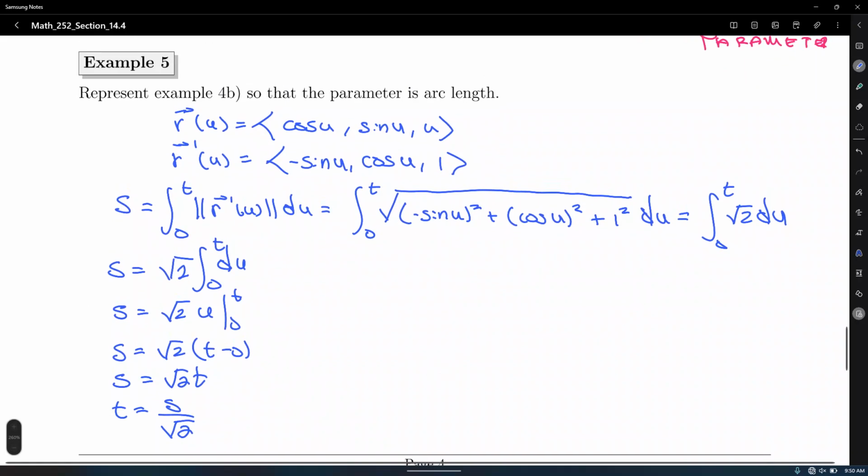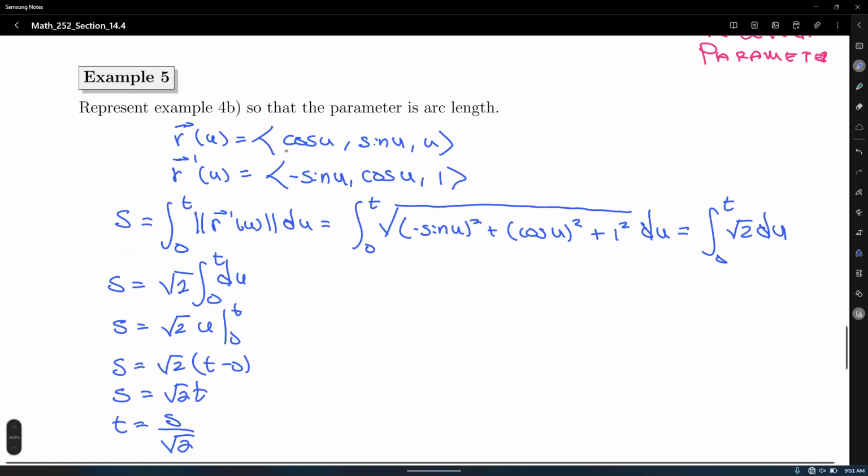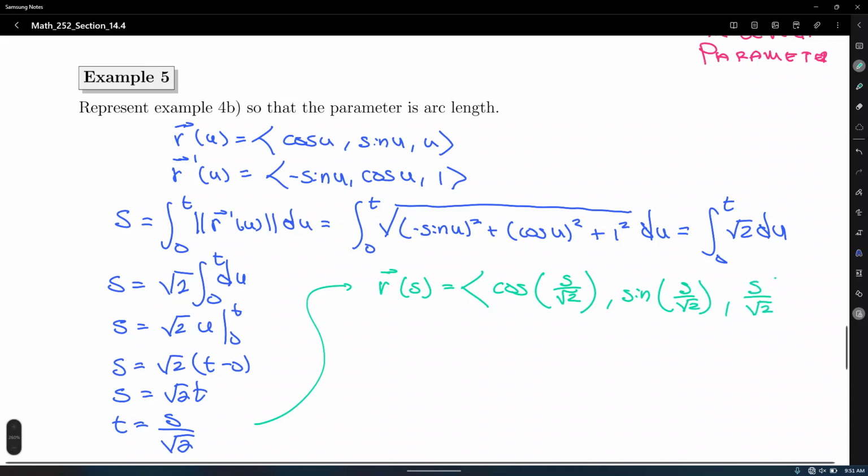So in order to turn the original vector valued function, which describes position after t seconds, rather as a unit of time, now into units of distance, all we do is reparameterize this as r of s equals cosine of s over the square root of 2, sine of s over the square root of 2, comma s over the square root of 2.